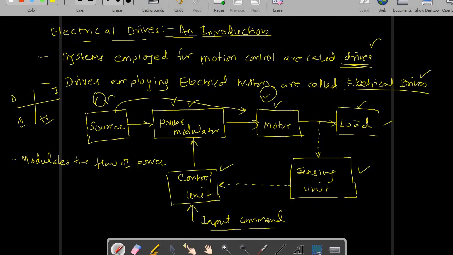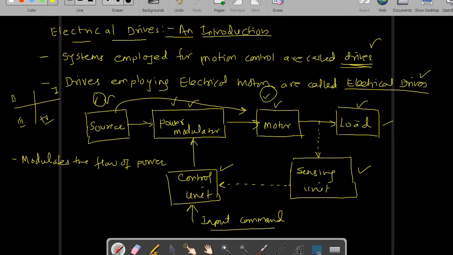So what are the functions of the power modulator? The first function is that it modulates the flow of power from the source to the load. Second, during transient operation, it limits the current of the source and the motor as well, in order to avoid over voltage problems and voltage dip problems.